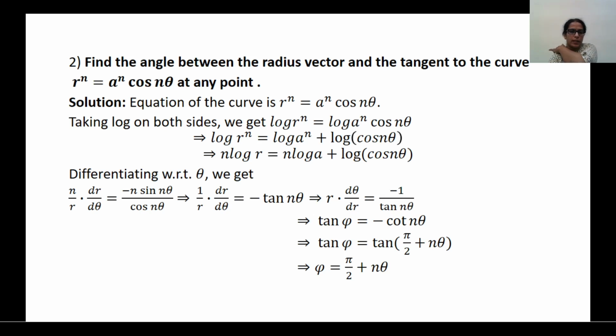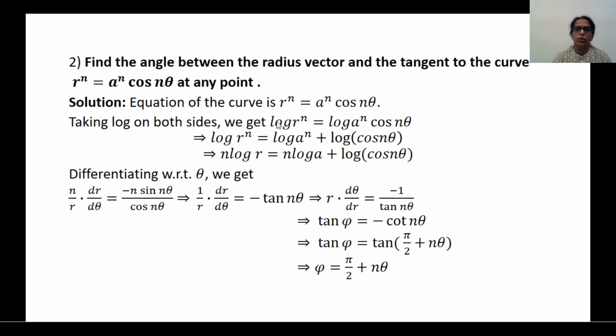Next problem. In the same manner, find out the angle between the radius vector and the tangent to the curve r to the power of n equal to a to the power of n into cos n theta at any point. Okay, so this is the equation of the curve. Take log on both sides, or otherwise you can directly differentiate this with respect to theta.